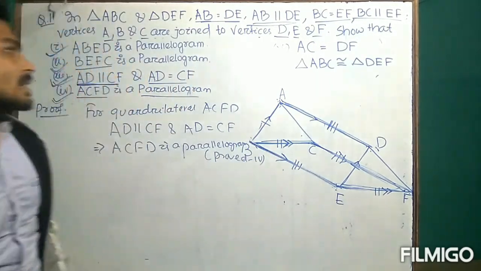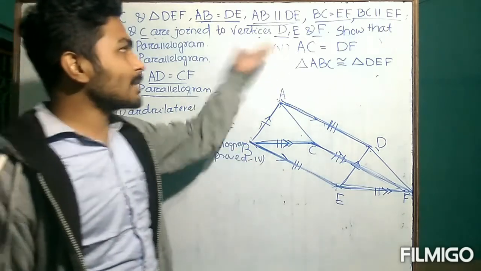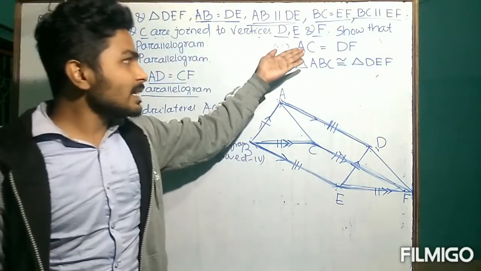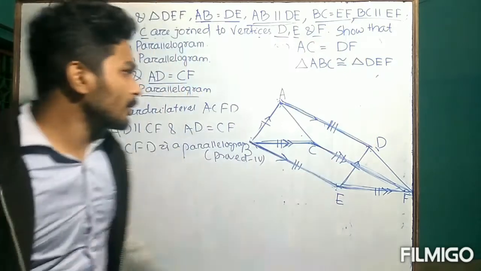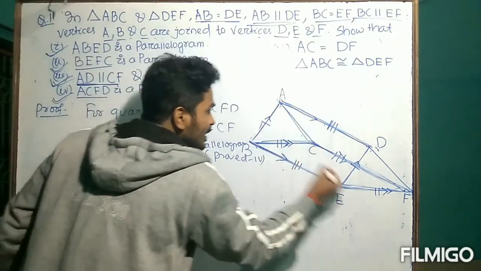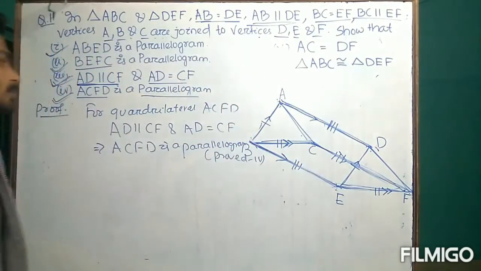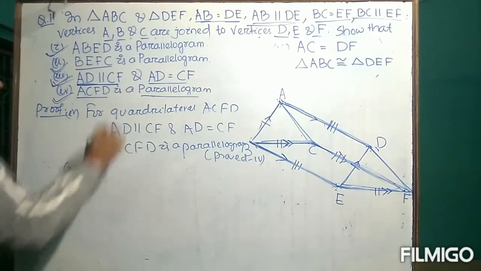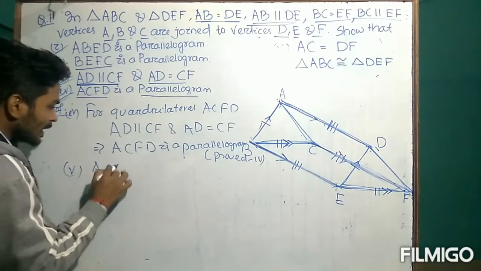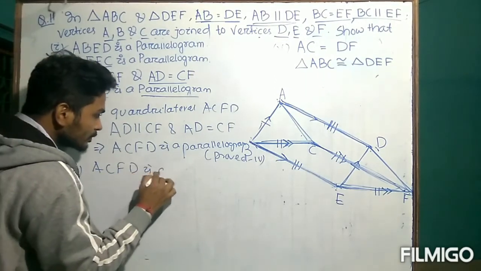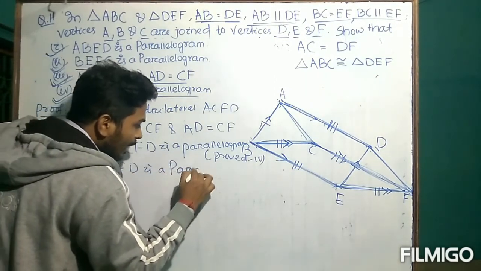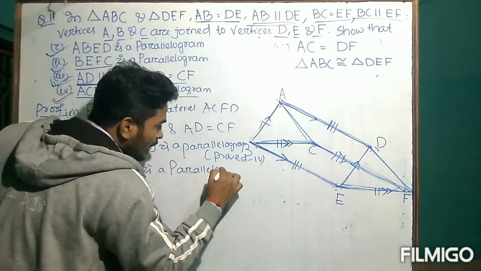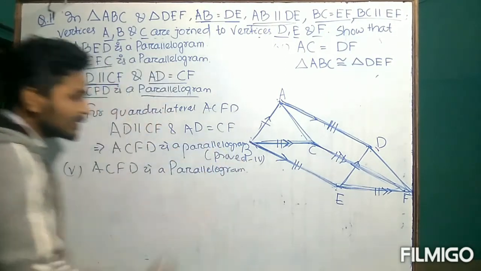Okay, so next we will move to the fifth statement, to prove AC is equal to DF. Okay, AC is equal to DF we have to prove. How? See, in the fourth statement what have we proved? We have proved that ACFD is a parallelogram, isn't it?